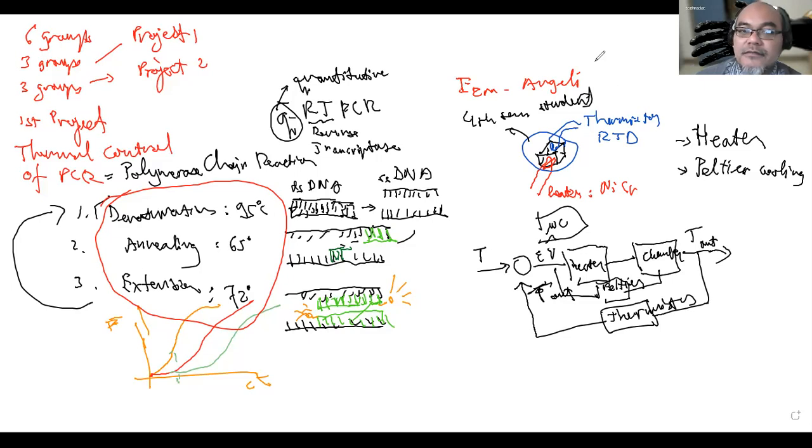Okay, so if I clear here, I will draw the second task. So the second task is what I call active temperature sensing.